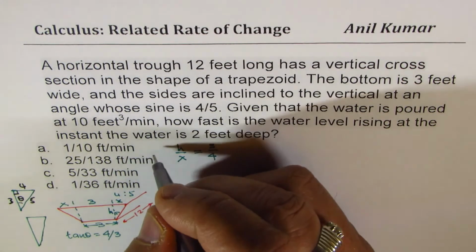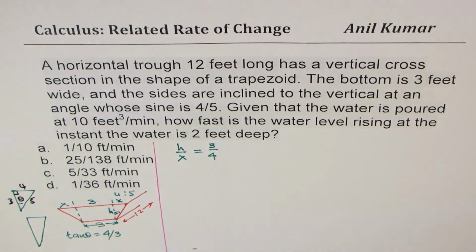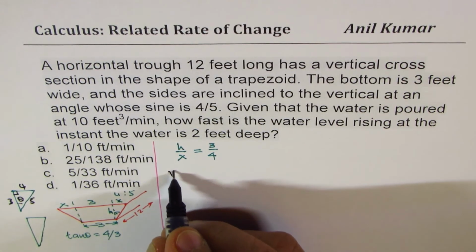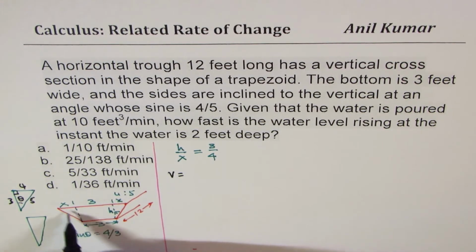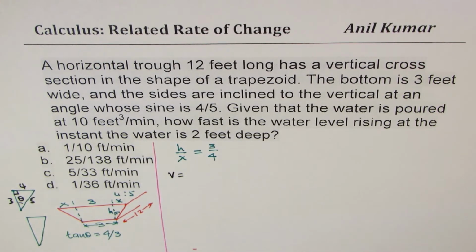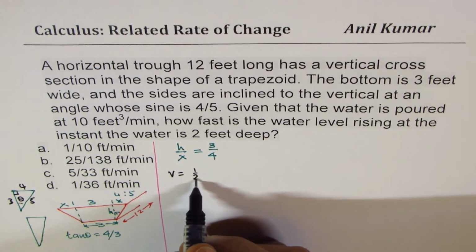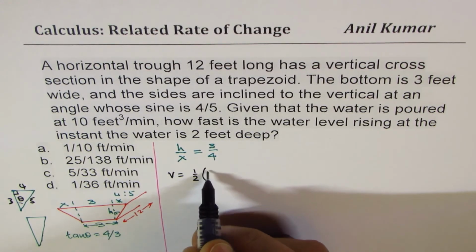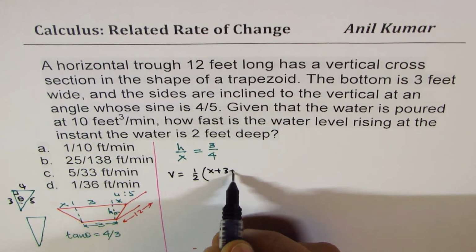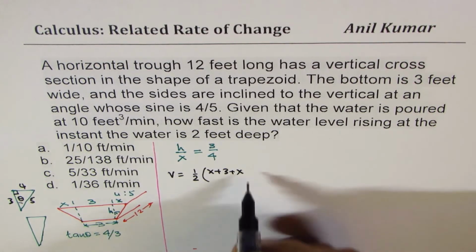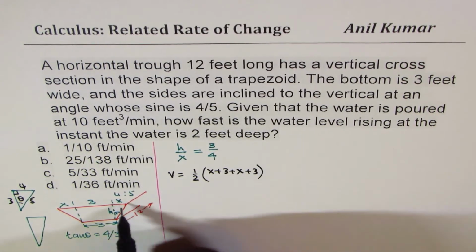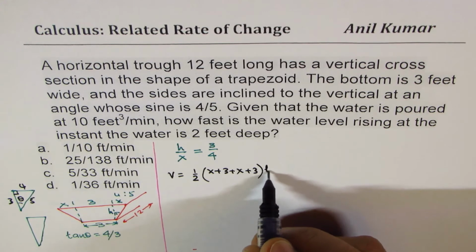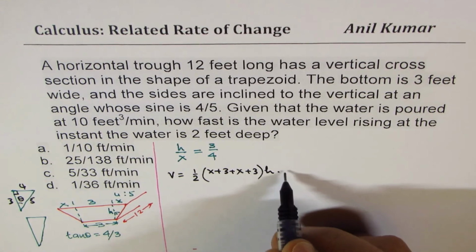So now we can write down the formula for volume. Volume for a trapezoid will be the area of this cross section. Area is half of the sum of these two sides, which is x plus 3 plus x plus 3, times height, times the length, which is 12.